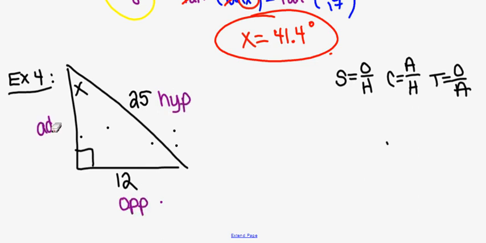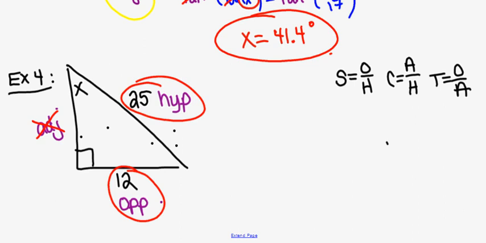Making my adjacent this left side of my triangle. So I've got hypotenuse and opposite. I need to do the trig ratio that deals with opposite and hypotenuse. I'm liking the sine trig ratio for this problem. So this is a sine question.